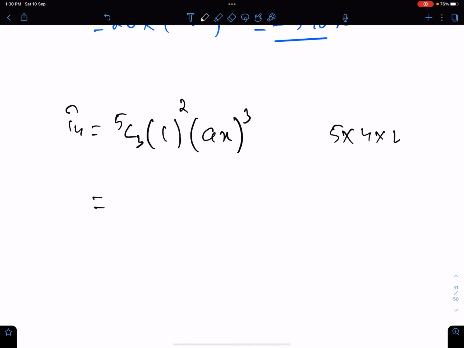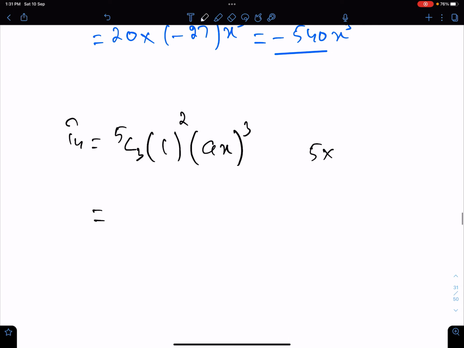I don't have a calculator, I'm sorry, so I have to do these calculations manually. 5C3 is 5, 4, 3 over 3, 2, 1. So the 3s cancel, giving 10. So this is 10, a cube, x cube. This 1 power 2 will remain 1.